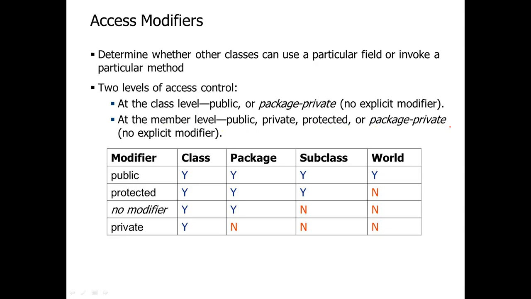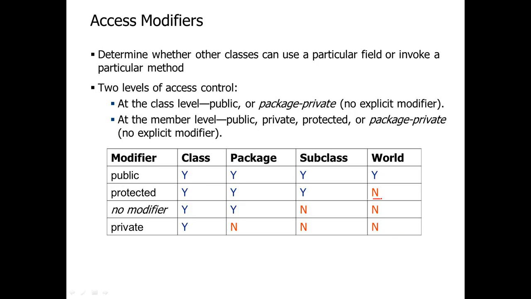About visibility, understand this: when it is public, it can be visible within the class, within the package, outside the class, and everywhere. When it is protected, it is visible within the class, within the package, and outside the package but only to subclasses, and not to the whole world.